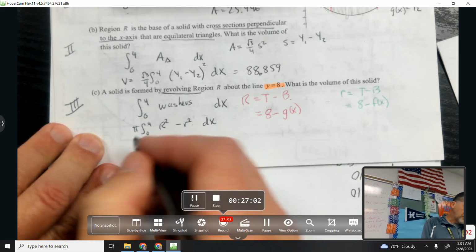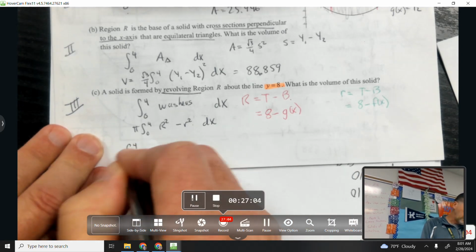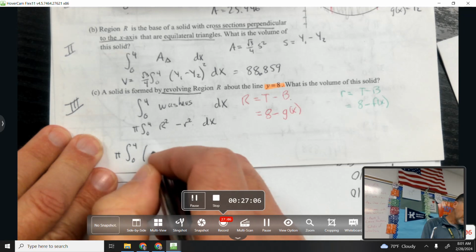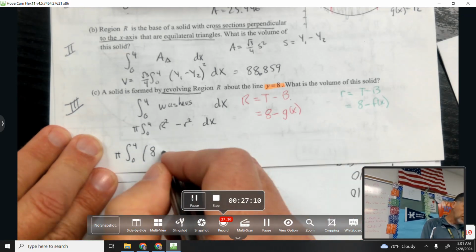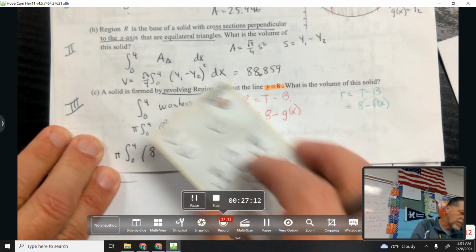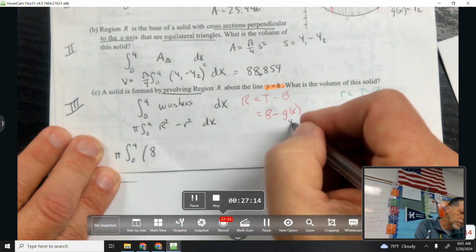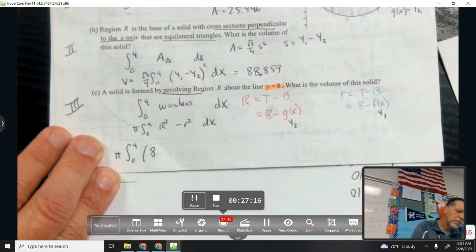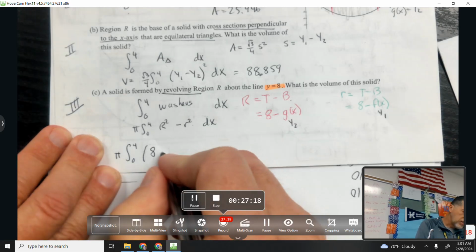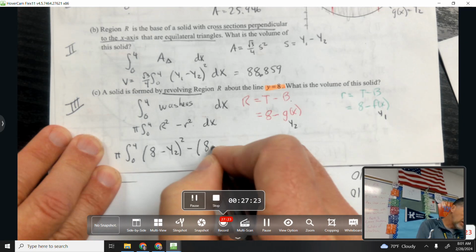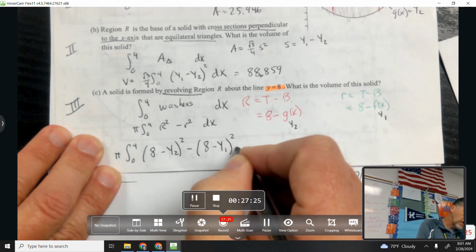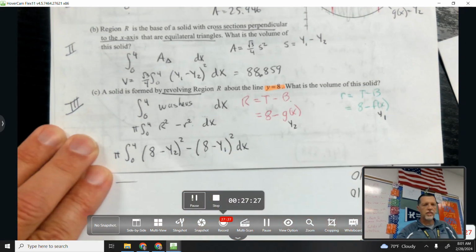That's enough to go to the calculator, but I think I'd probably still write it out. And I'm going to write it out in terms of y1 because g of x is y2. Better be careful here. F of x is y1. So 8 minus y2 squared minus 8 minus y1 squared dx.